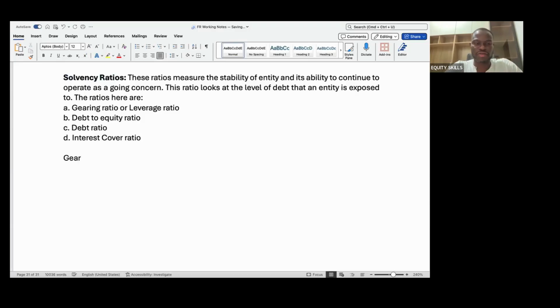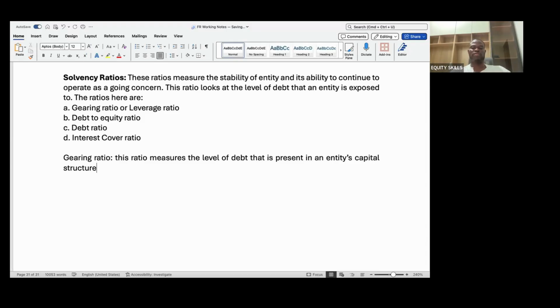So the gearing ratio, or leverage ratio, measures the level of debt that is present in an entity's capital structure.